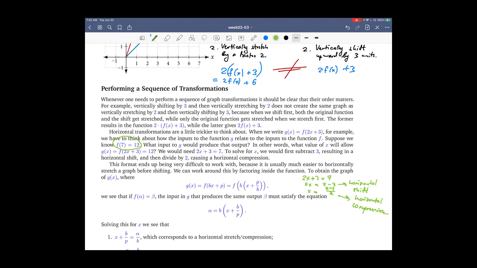So when you look at it this way, you first perform a horizontal shift and then a horizontal compression. This actually is not the preferred way of doing this because it's much easier to horizontally stretch before shifting. There's an example later that will explain why this is the preferable way.